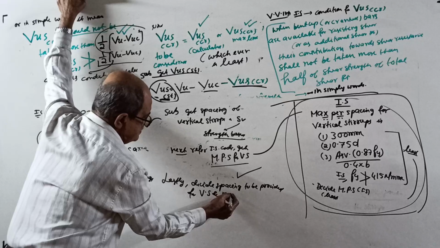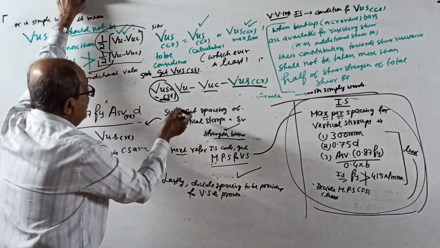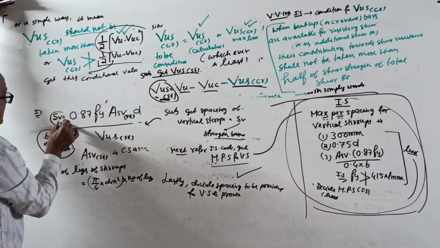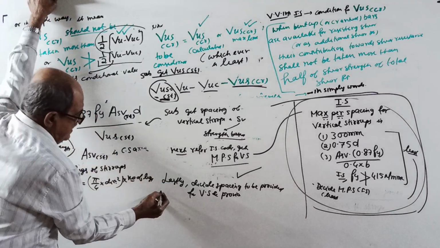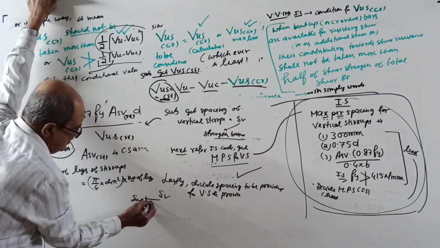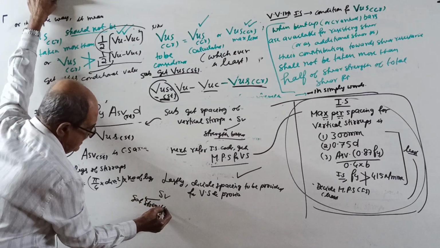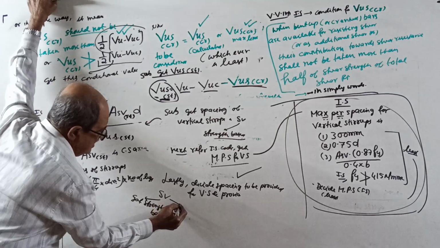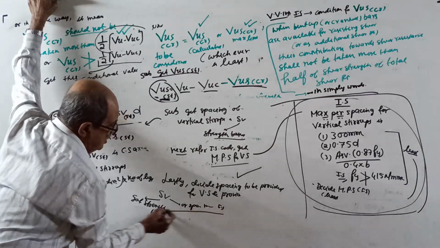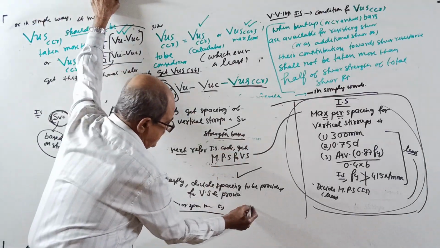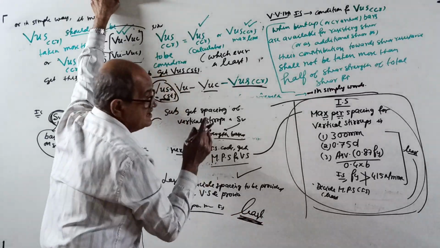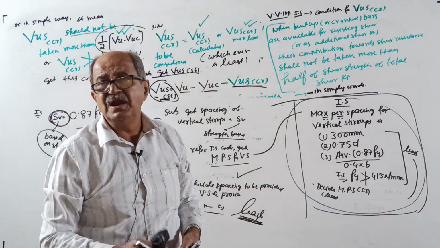Whatever spacing SV you got from strength, or the spacing maximum limit as per IS code, among the two, whichever is least. This has been told so many times earlier. This will complete the procedure.